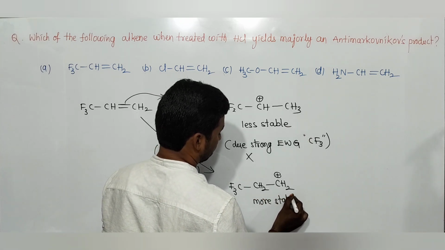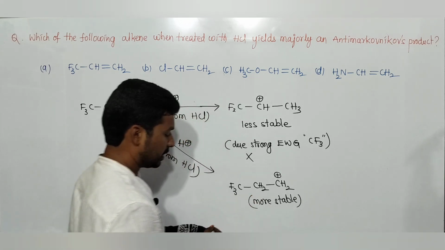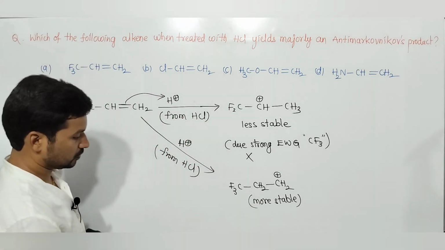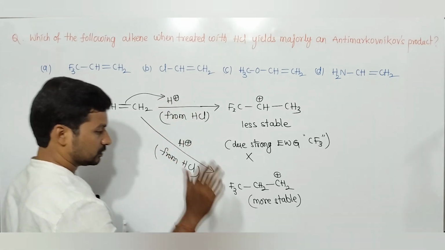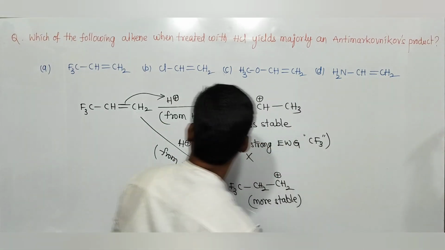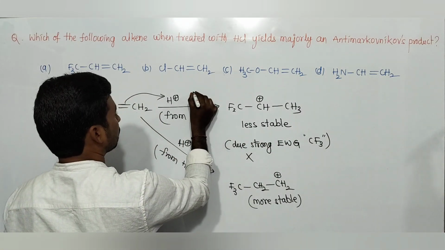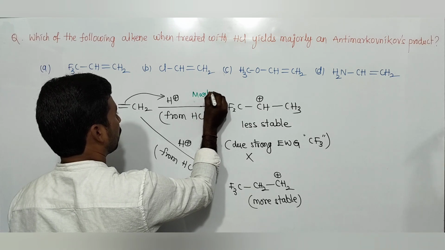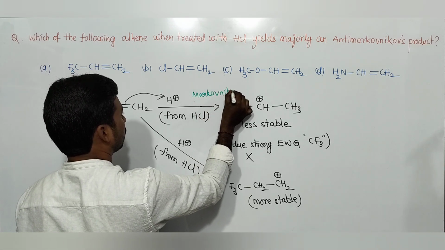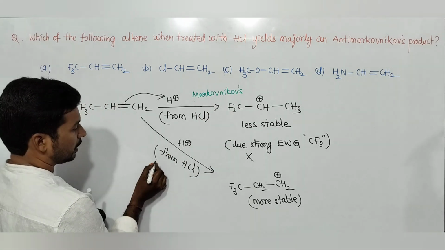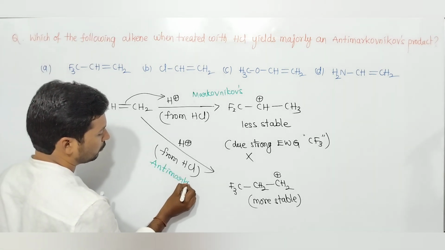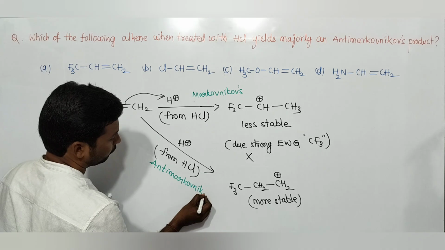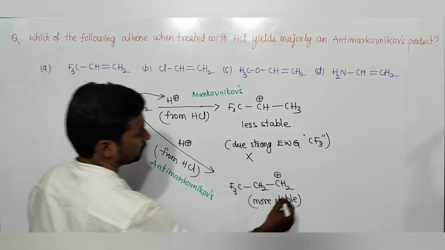Of course, Markovnikov's rule is also based on stability of intermediate. So this is as per Markovnikov, this is as per anti-Markovnikov. This is Markovnikov's. This is what? Anti-Markovnikov's. So this is the correct one.